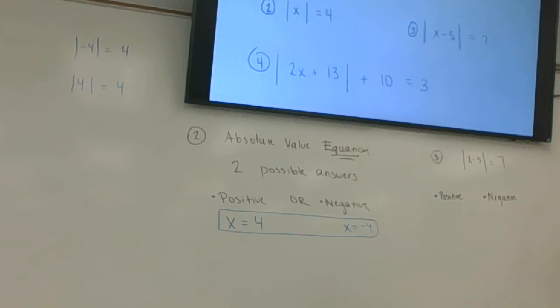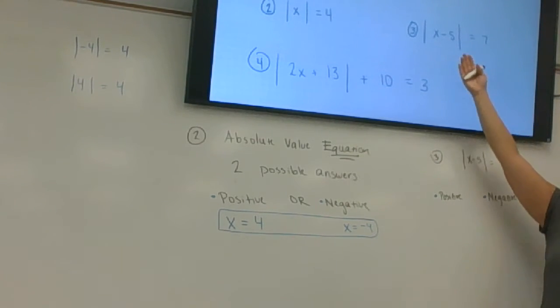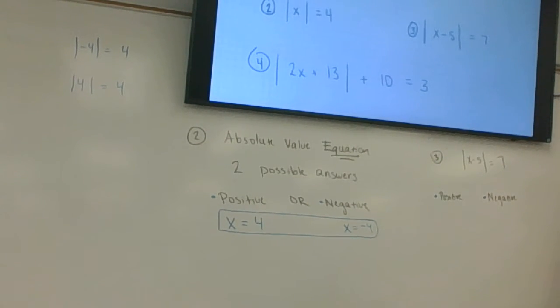But if there is an operation, if there's math to be had inside the brackets, I can't just make things positive. That math has to happen. Dominic, you know what something minus 5 is 7. What number is it? What take away 5 would give us 7?